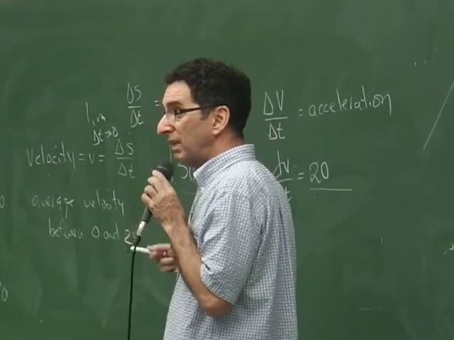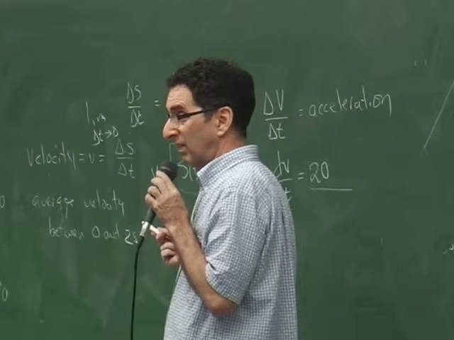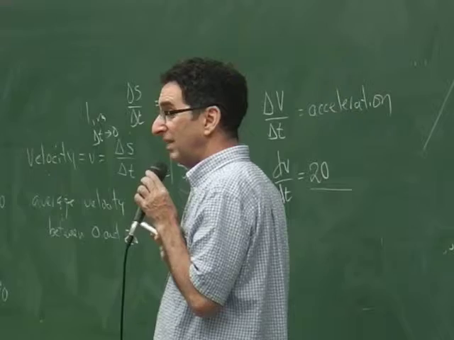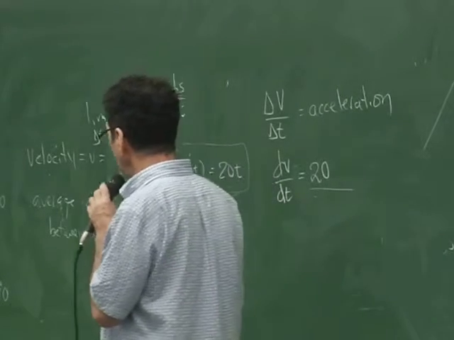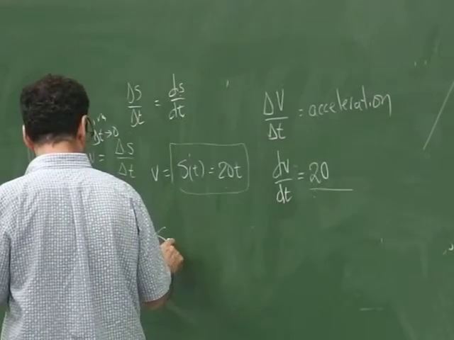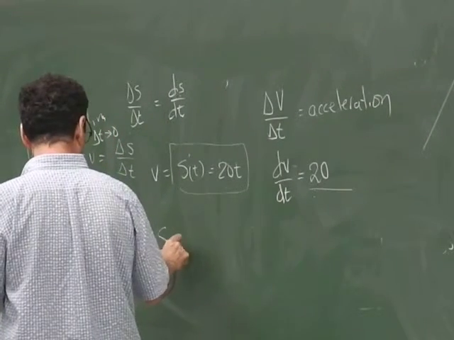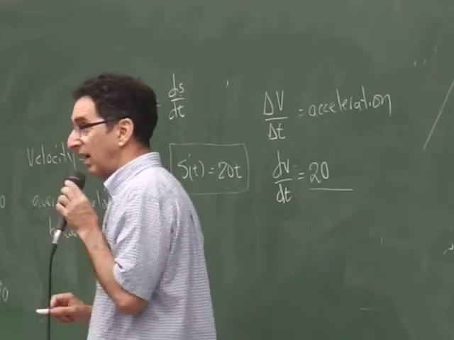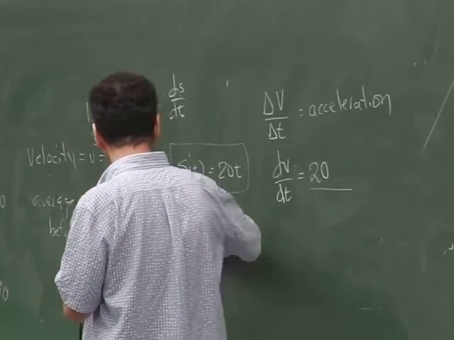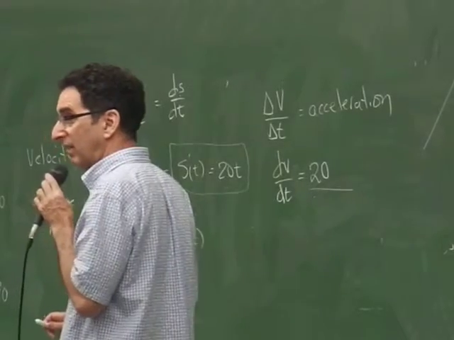So I took the derivative of the derivative, right? That's called the second derivative of the original function. So the original function was called s, or, no, I guess it was called f. Either way, called s or f.